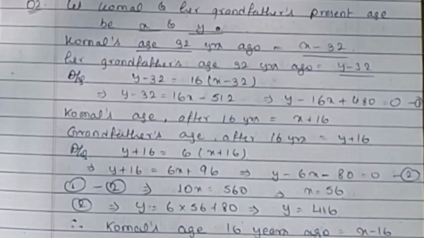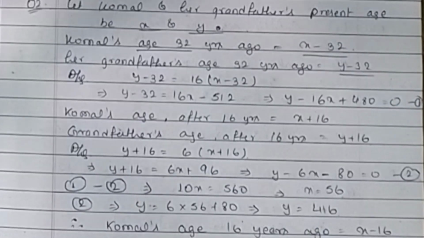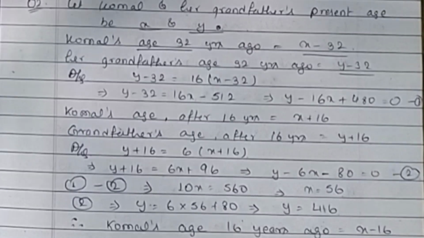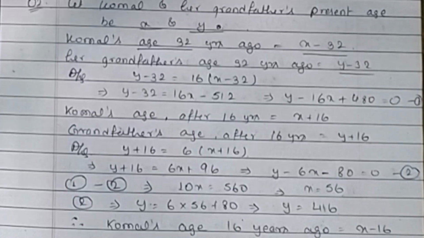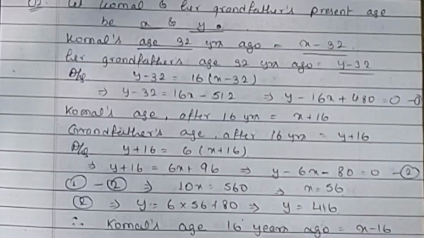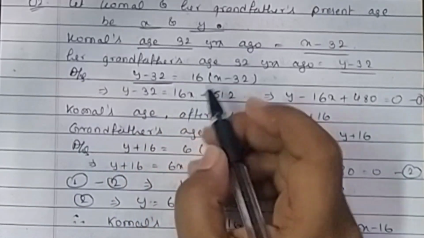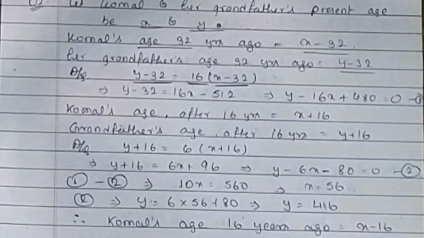Now the question is saying that Komal's grandfather was 16 times older to her 32 years ago. That means 32 years ago, Komal's grandfather was 16 times older than Komal. So Komal's grandfather's age 32 years ago is 16 times Komal's age 32 years ago.